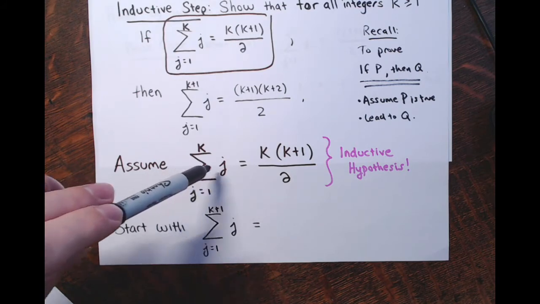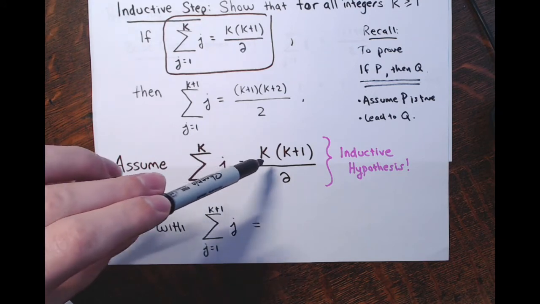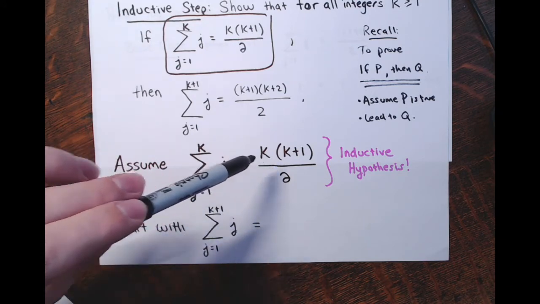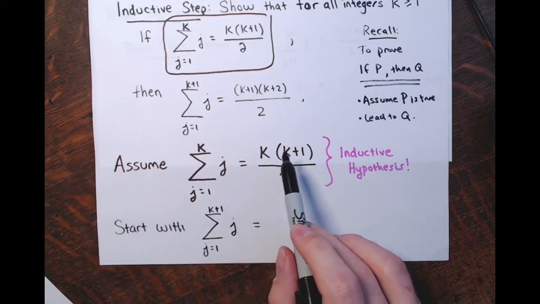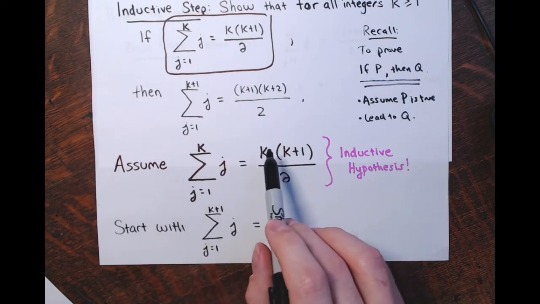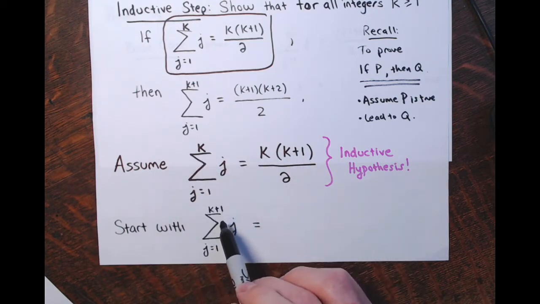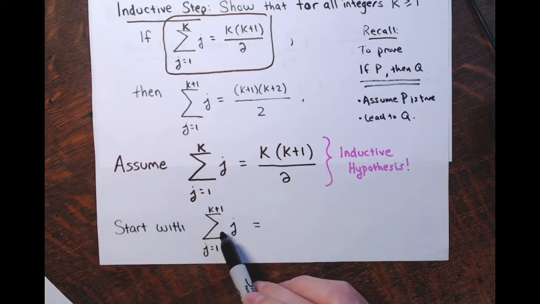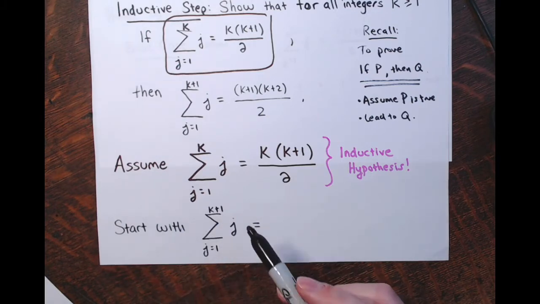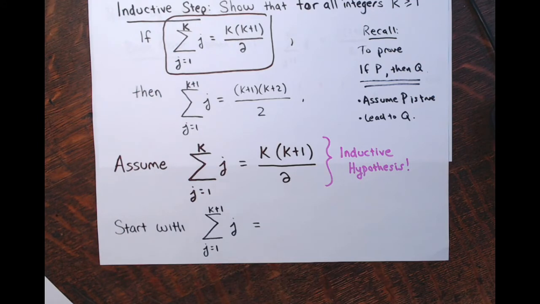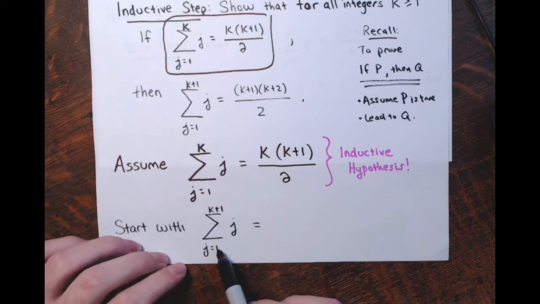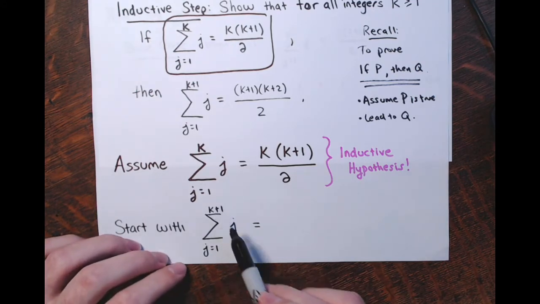We're going to have to use the fact that the statement is true for k. Now this inductive hypothesis involves the sum from 1 to k, not to k plus 1. So what I want to do here is rewrite this so that we have a sum from 1 to k. Well, if I want to go from 1 to k, that's just going to mean I need to get rid of that last term.